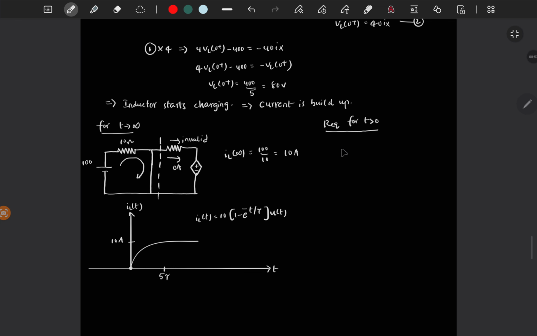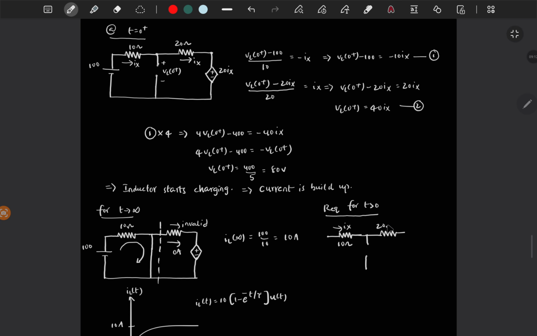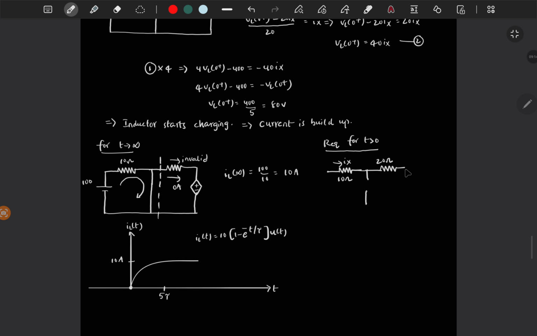So this is 10 ohms, Ix. You have to find R equivalent between these two terminals, and you have 20 ohms and 20 Ix.